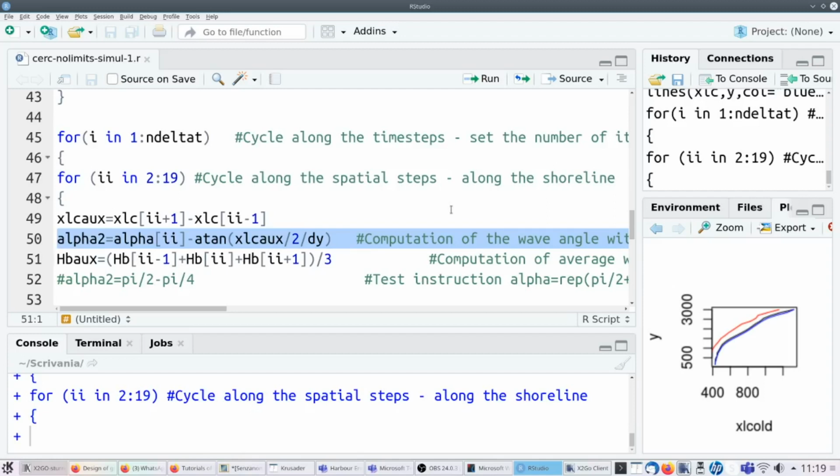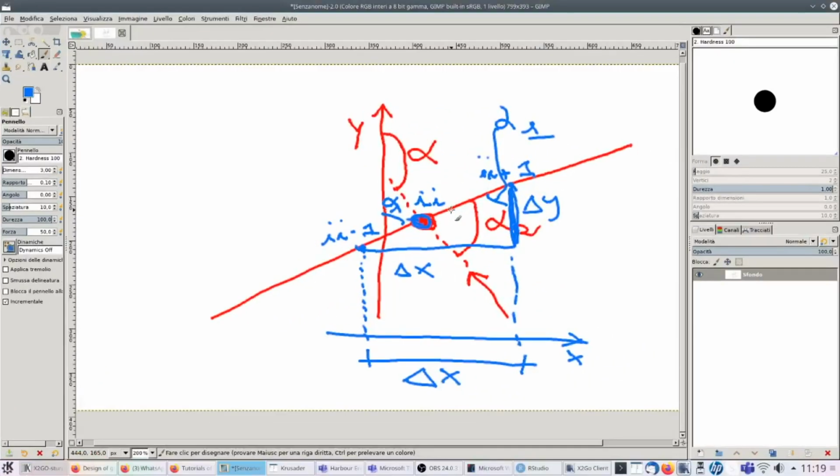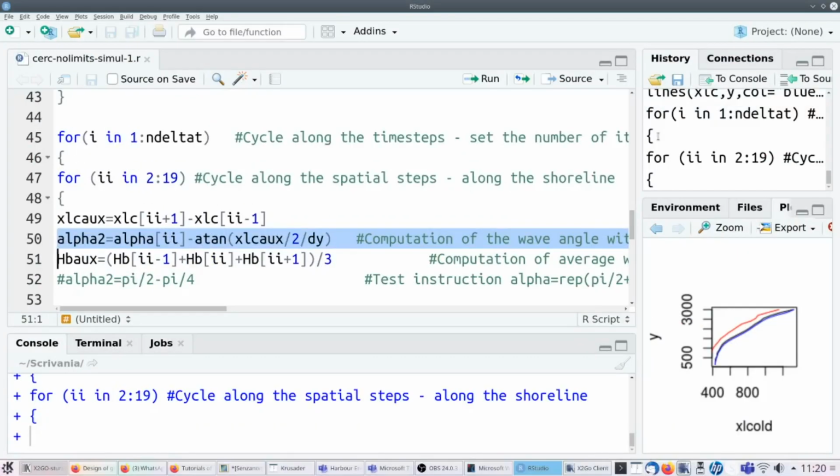And if you look back to my graphic window, you can easily understand that alpha 1 here is equal to arctan of delta x divided by delta y, which is precisely because you know that delta x is equal to delta y times tan alpha 1, and therefore you can easily demonstrate this computation here.